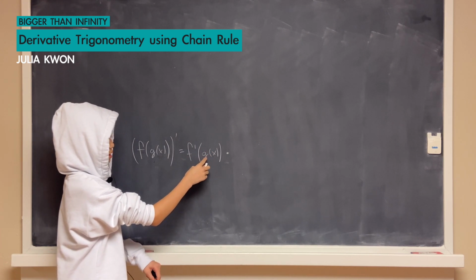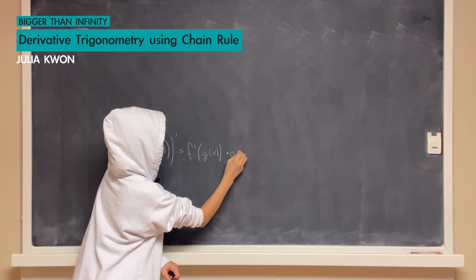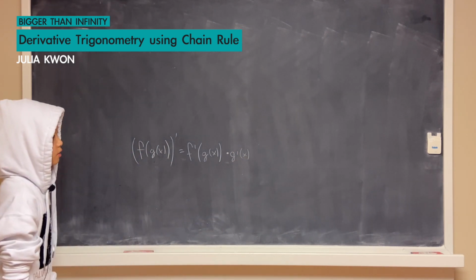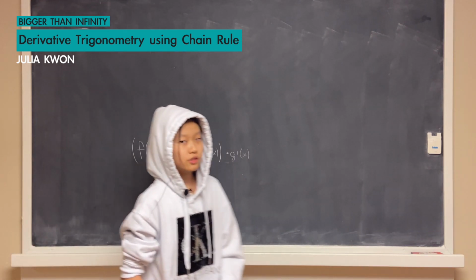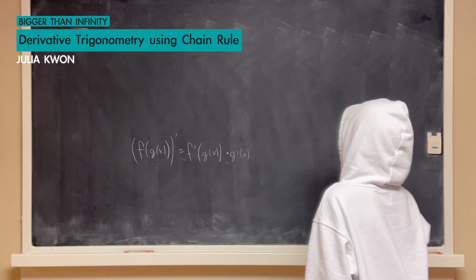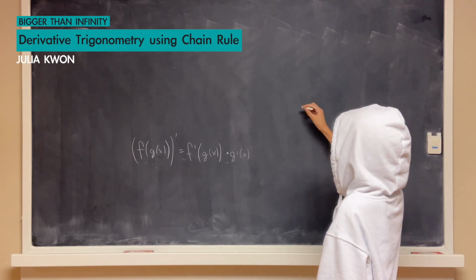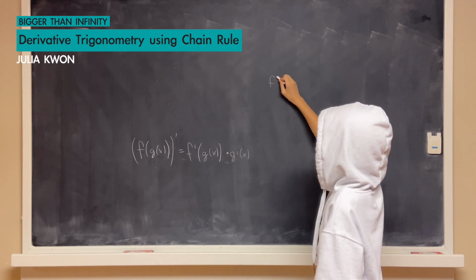The inside is g of x, so the derivative of g of x is just g prime of x. So this is what the chain rule is, and I'll just leave this here for now so you guys can look at it.